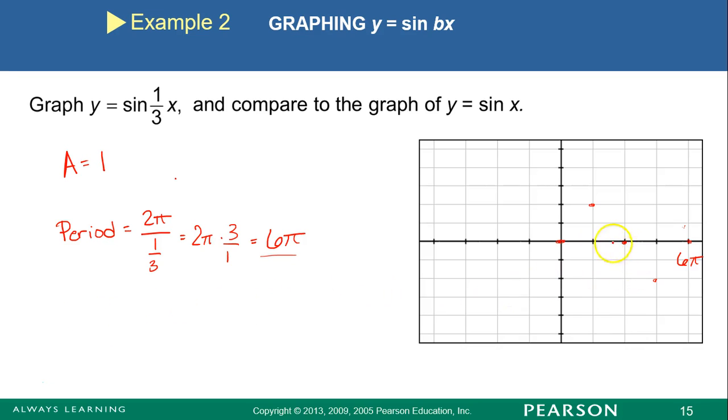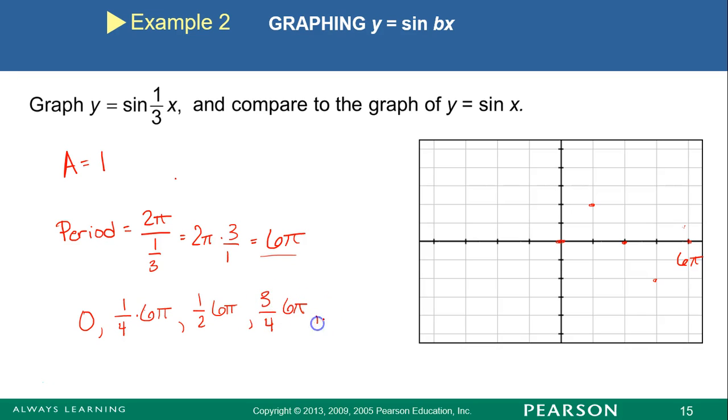To get your first x value, well, the first x value is 0. And then the second one is going to be 1/4 times your period, which is 6 pi. Your third is going to be 1/2 of your period. And then your fourth is going to be 3/4 times your period.